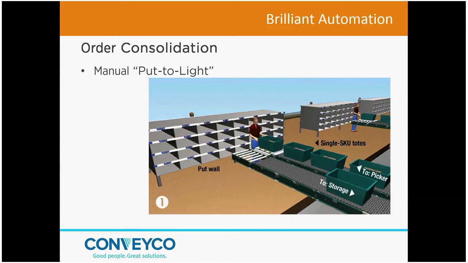These are best, if you're going to do this manually, put to light is manual unit sortation. It's best applied when you bring an individual SKU into this zone shown here. If anywhere from 70 to 80% of the orders will get at least one unit of the SKU that is introduced.